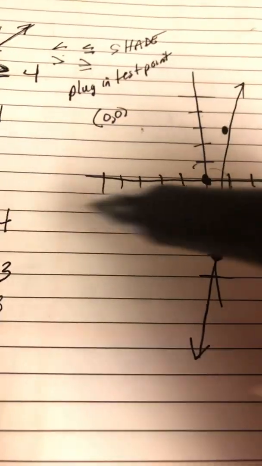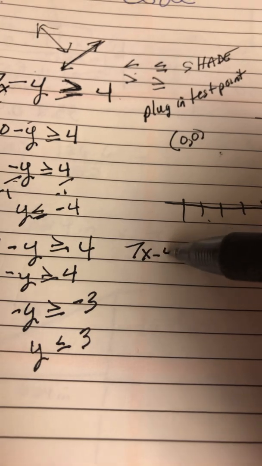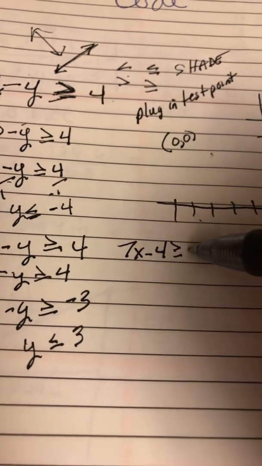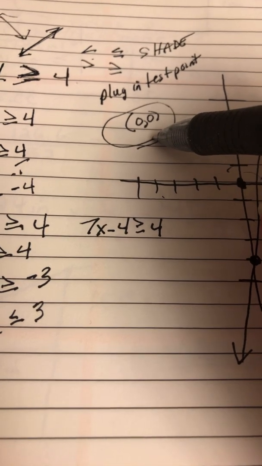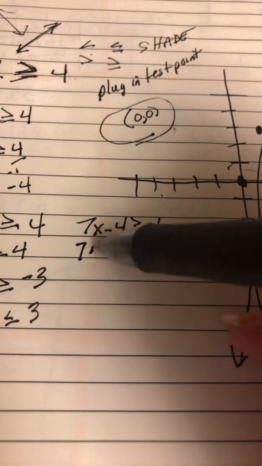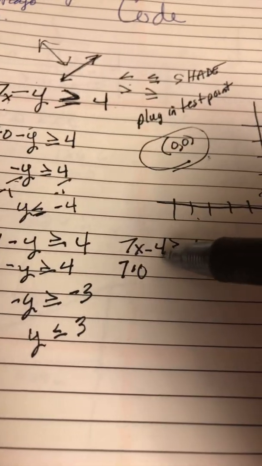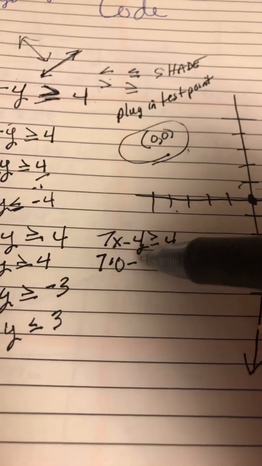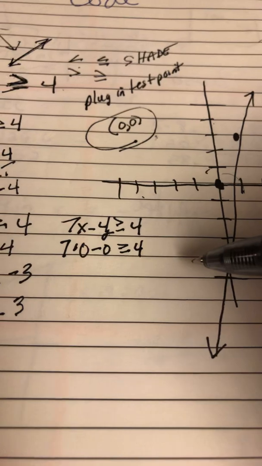And so what you do, pick the spot that you want to use, use the equation that you started with from the very beginning, and plug in those numbers for the x and the y. So I'd say, okay, 7 times 0, oops, that's a y there, minus 0 is greater than or equal to 4.